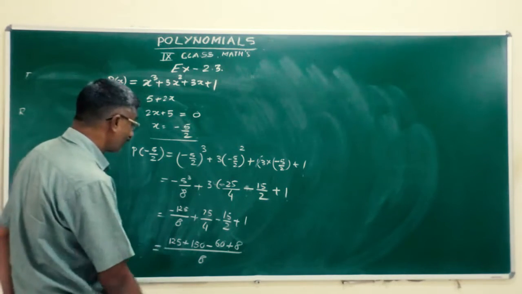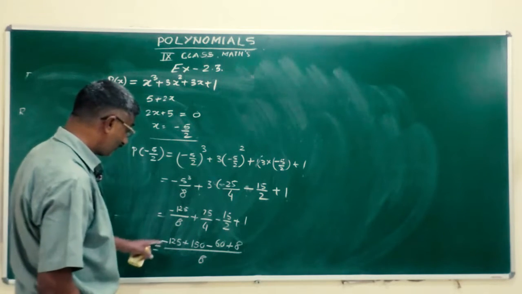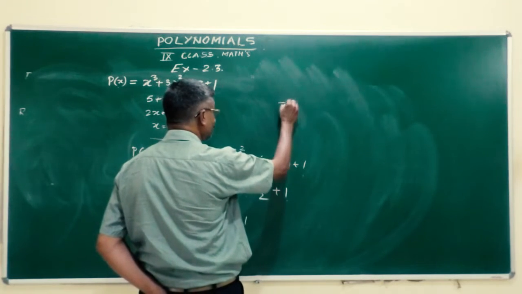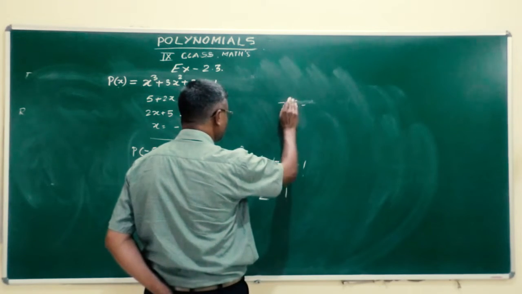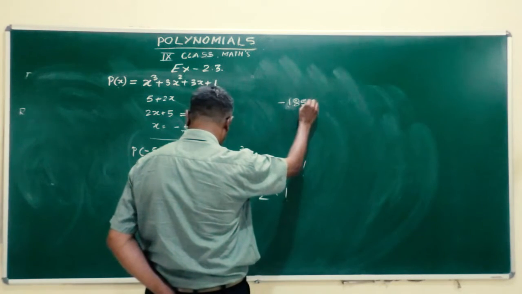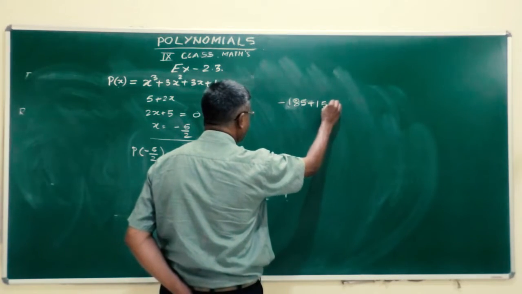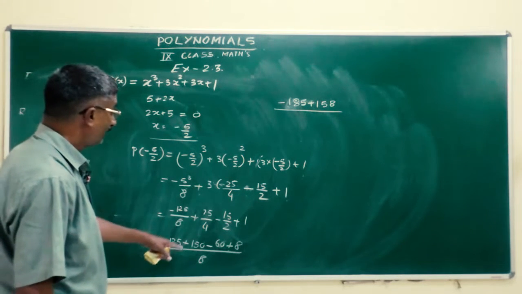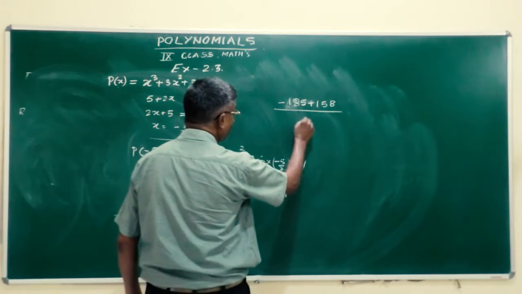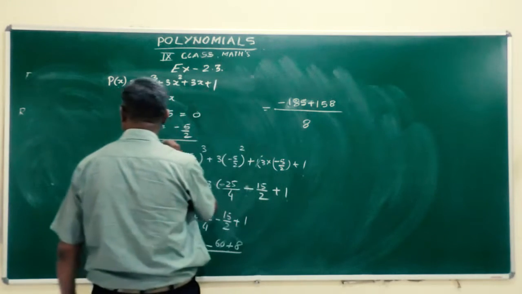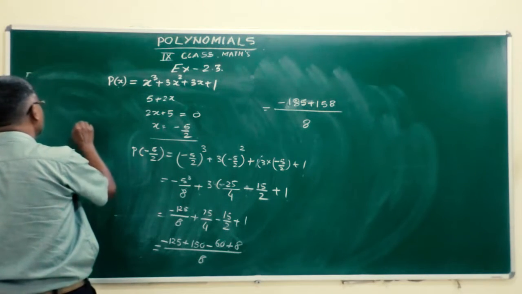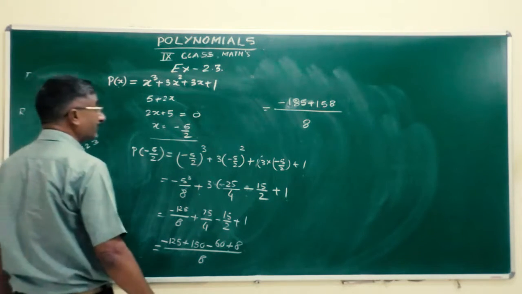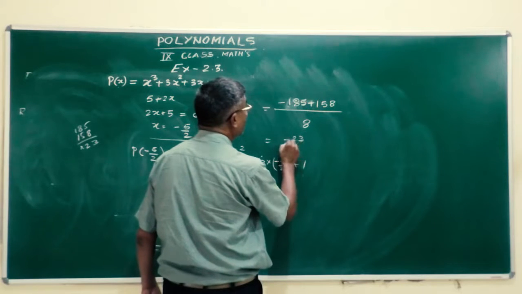So this is minus 125 plus 60, 185, this is 3, 7 minus 5, 2, 23. So this is minus 23 upon 8.